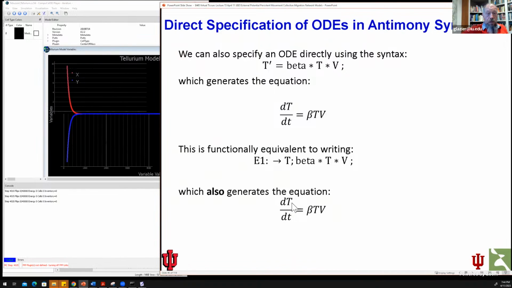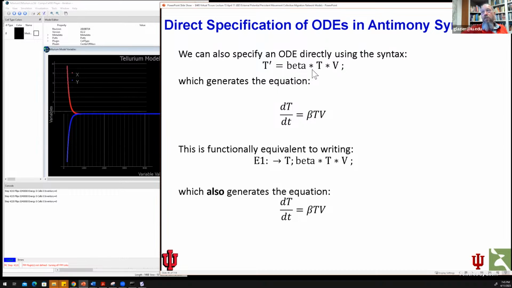If I want to, although I don't recommend it, I can write first order ordinary differential equations directly in Antimony with an apostrophe.